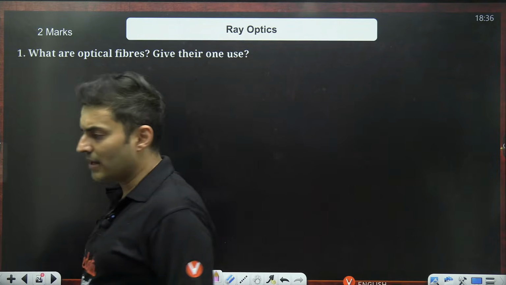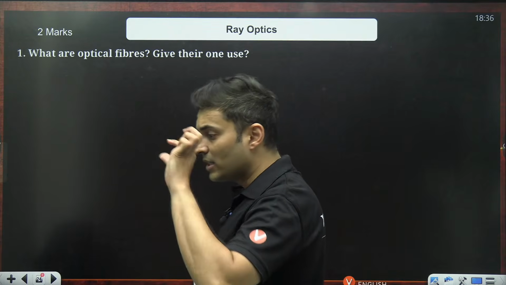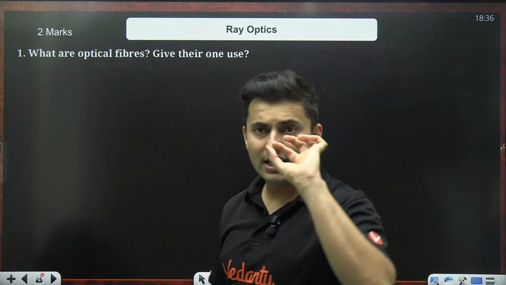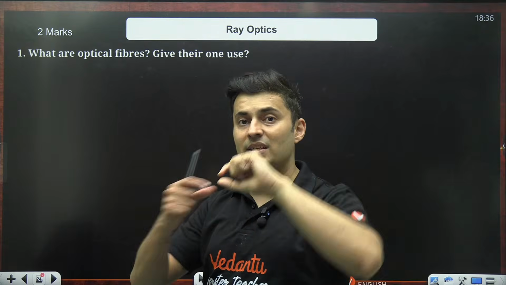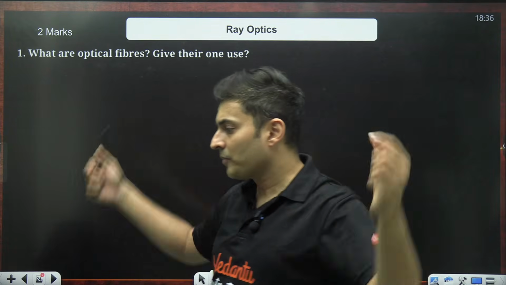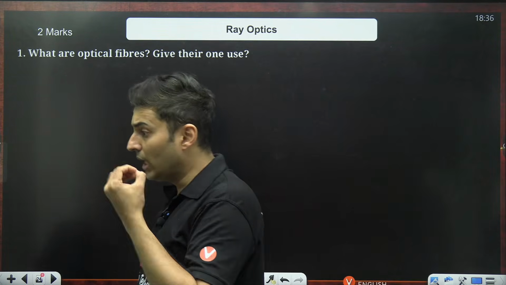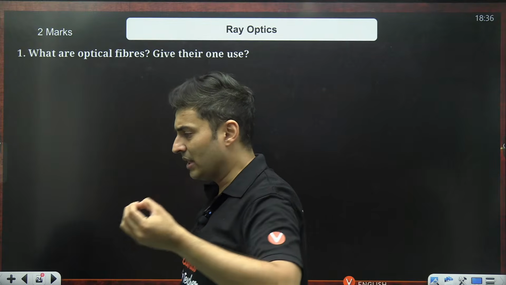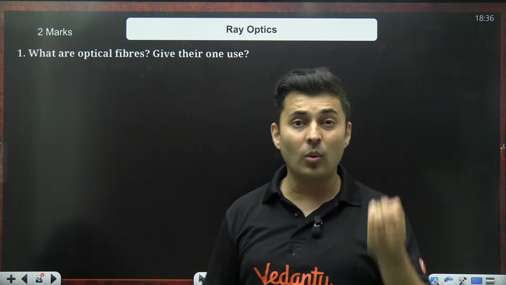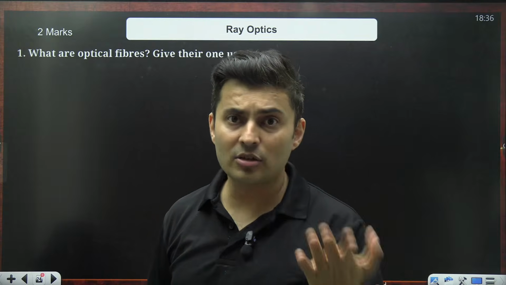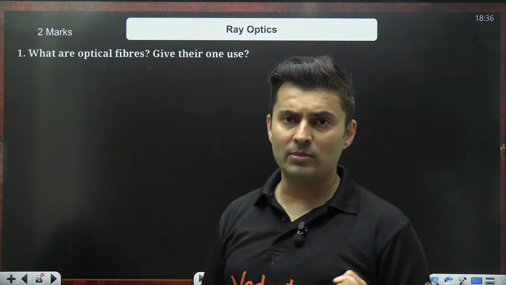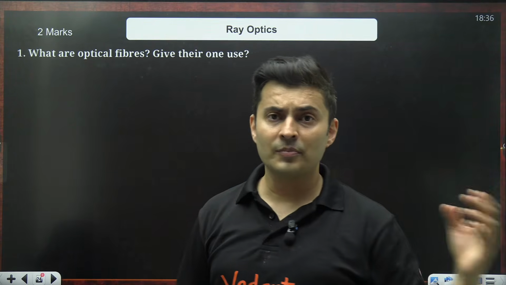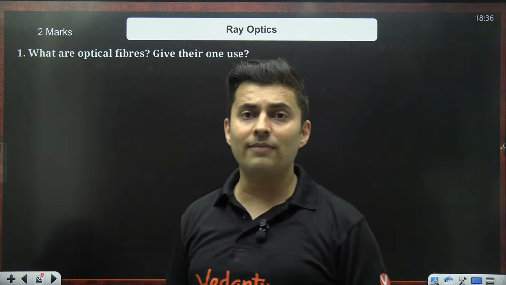So what are optical fibers? Basically, they are translucent materials. They are very thin, long, rod-like structures which allow light to pass through them. They are made of very high quality materials, so that the light does not get absorbed and travels through the glass very effectively.